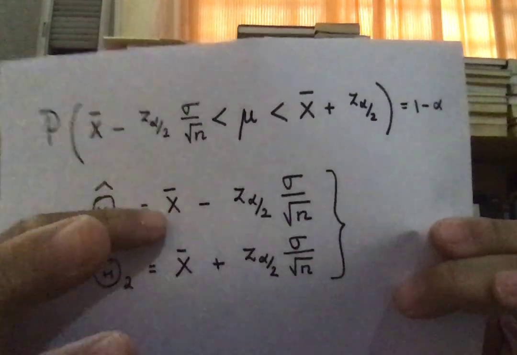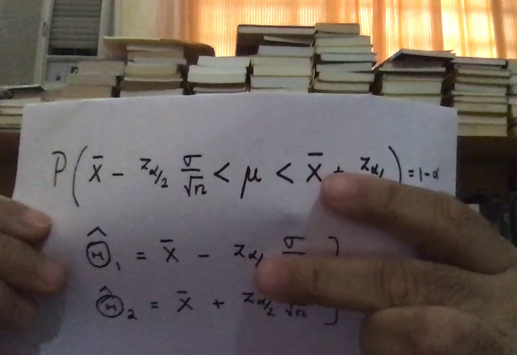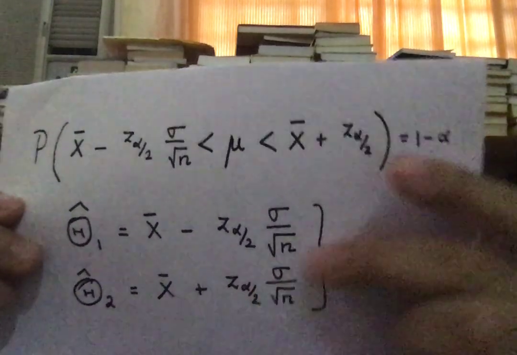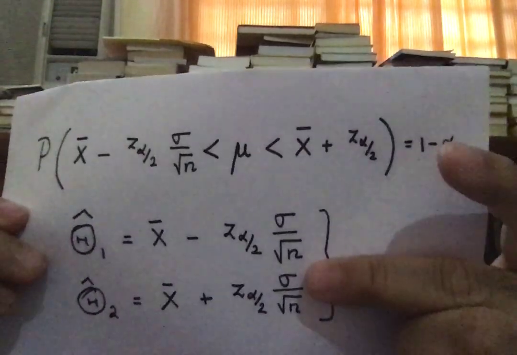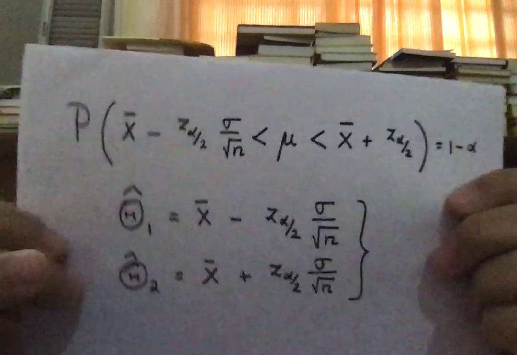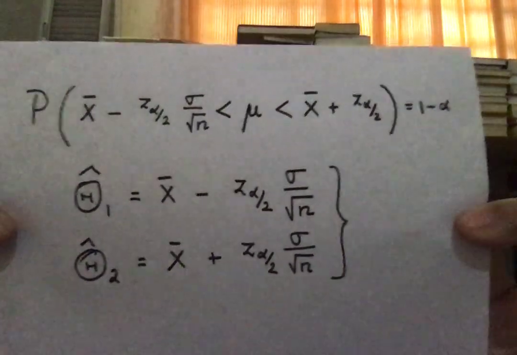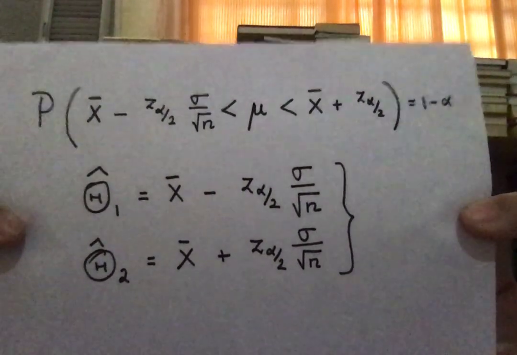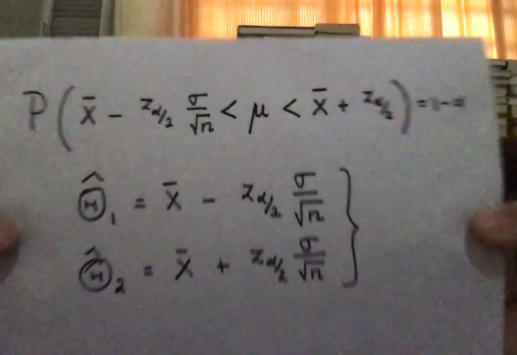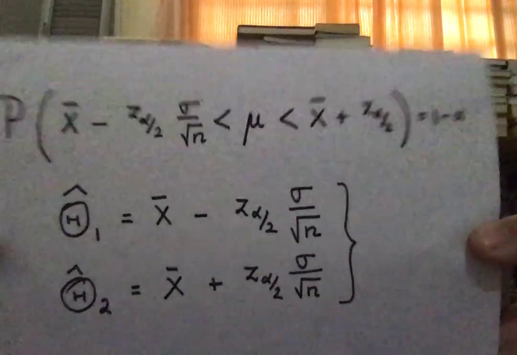X bar would be known from the random sample observation, z alpha by 2 is known from the normal tables, and sigma and the sample size are known, so theta 1 hat and theta 2 hat are completely determined. Once you make a sample observation, theta 1 hat and theta 2 hat have to be completely known as numerical values. So we have ended the first part of our study of interval estimation.